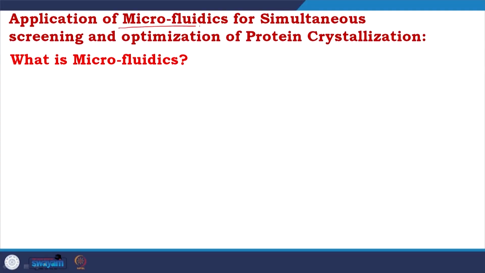But because it is an introductory course, before going to the case study and what is actually happening, I will try to define what microfluidics is. If you do not have any idea, again I am not an expert, but I will give you the points which are important and why crystallographers are looking for microfluidics.